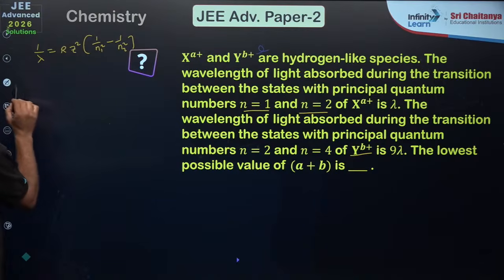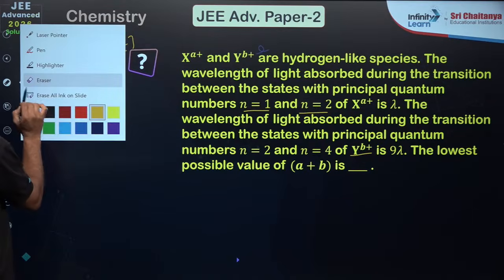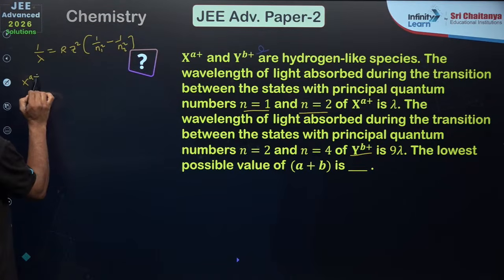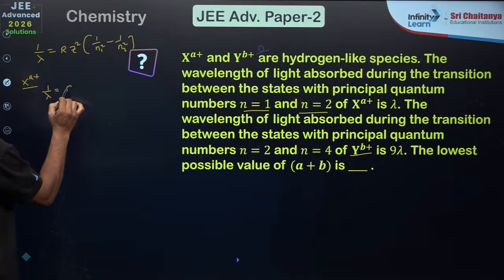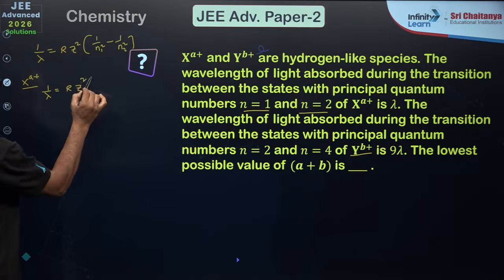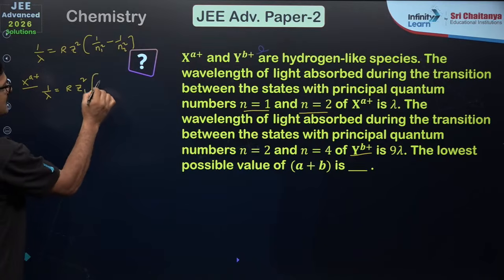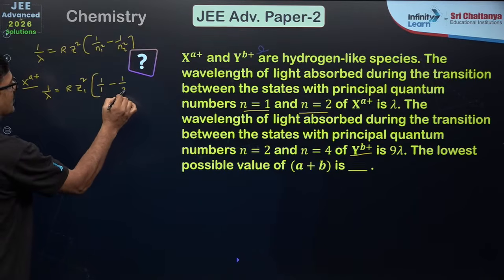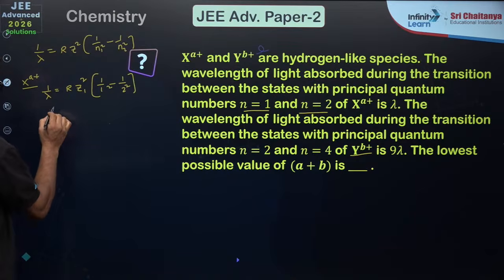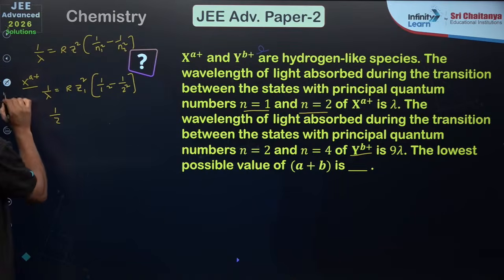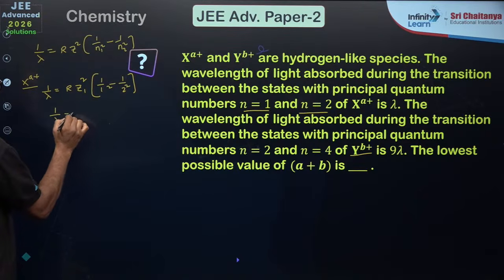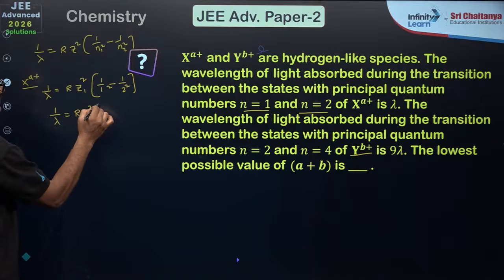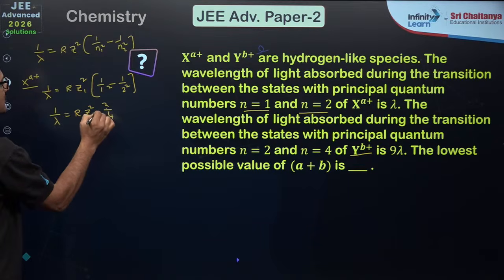So for XA plus, 1 by lambda is equal to R Z1 square, and n1 is given as 1, so 1 by 1 minus 1 by 2 square. So 1 by lambda is equal to R Z1 square, 3 by 4 is coming.